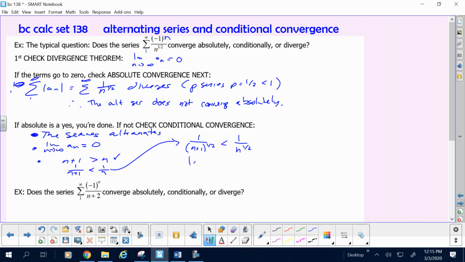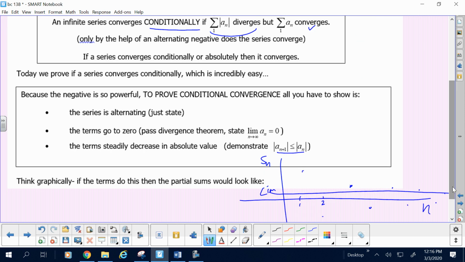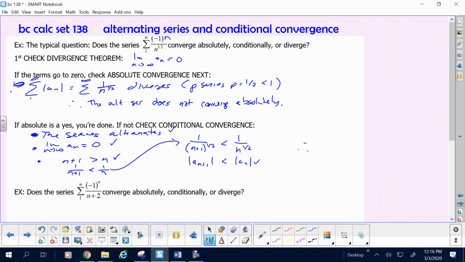But that does imply that the n plus 1 term is less than the nth term, and therefore, because all those three conditions of the theorem are met, the series is conditionally convergent. If those three things are met, then we conclude the series converges conditionally.